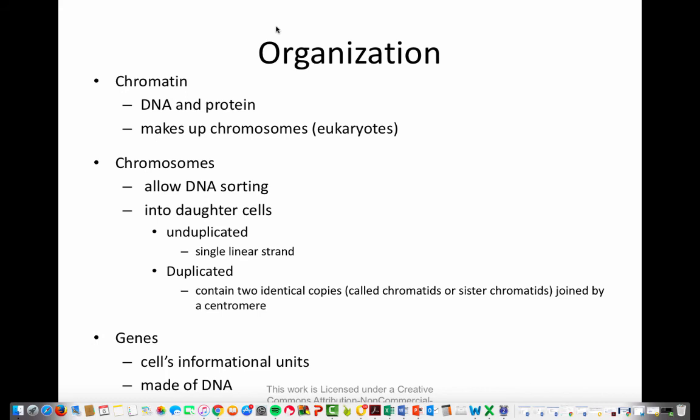Now, chromosomes allow us to sort DNA, i.e., go into cell division, right? And so they go into daughter cells. They'll be parent cells, and they'll divide out, and essentially they will become offspring or daughter cells.